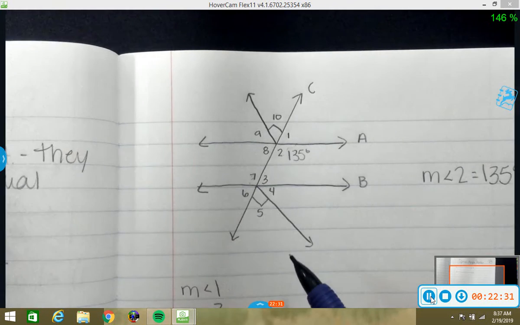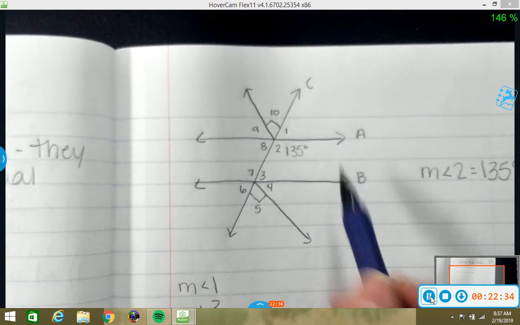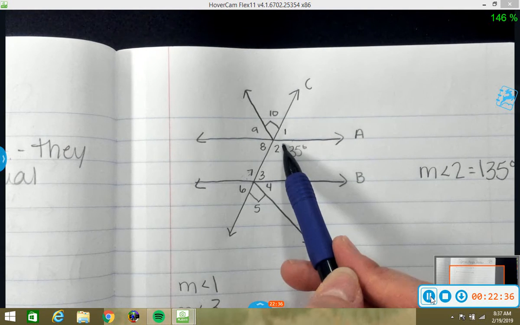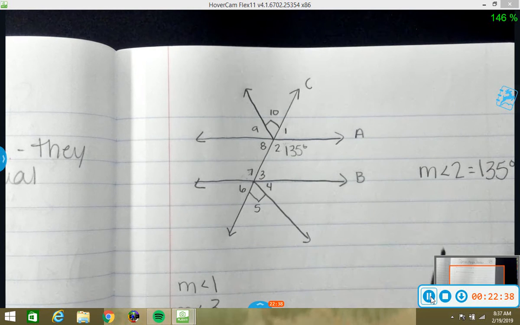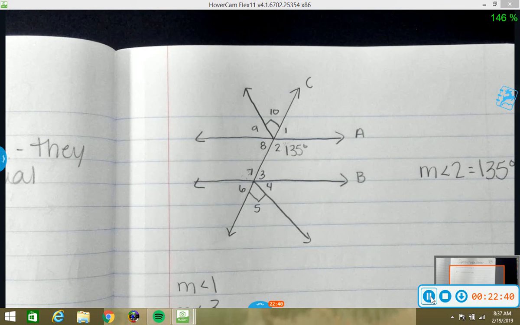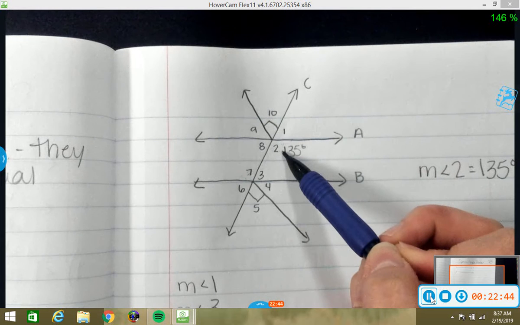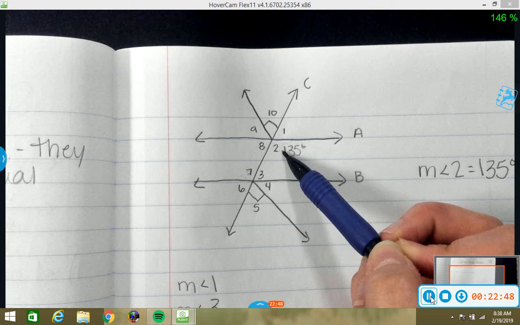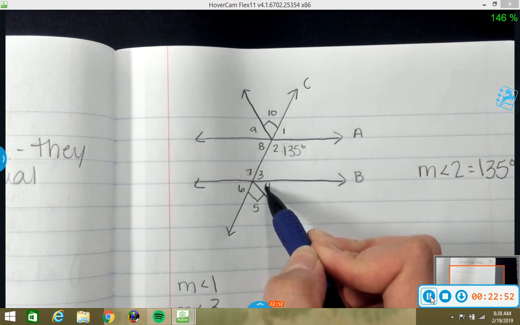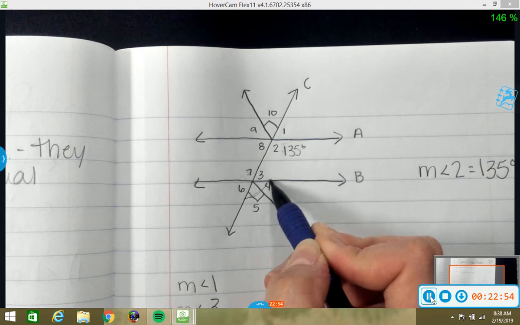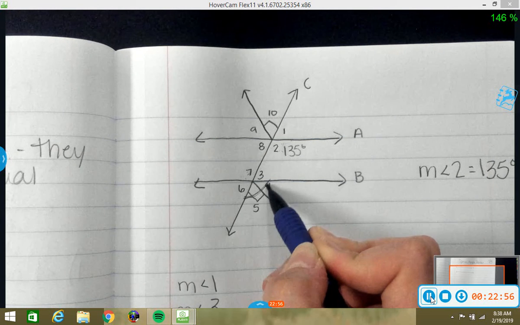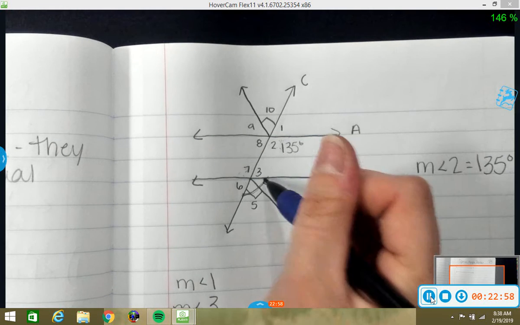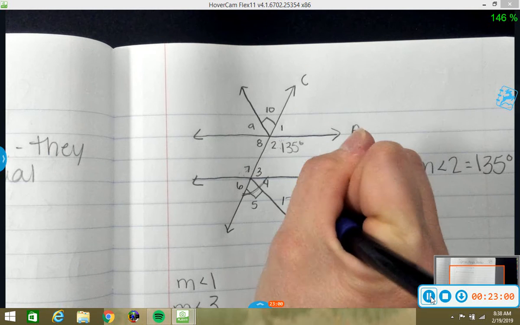All right, so alternate interior, what else do we have? Corresponding. Okay, corresponding. What does angle 2 correspond with? It would be 5 and 4 together. 5 and 4 together, right. So these 2 together equal how much? 135 degrees together.